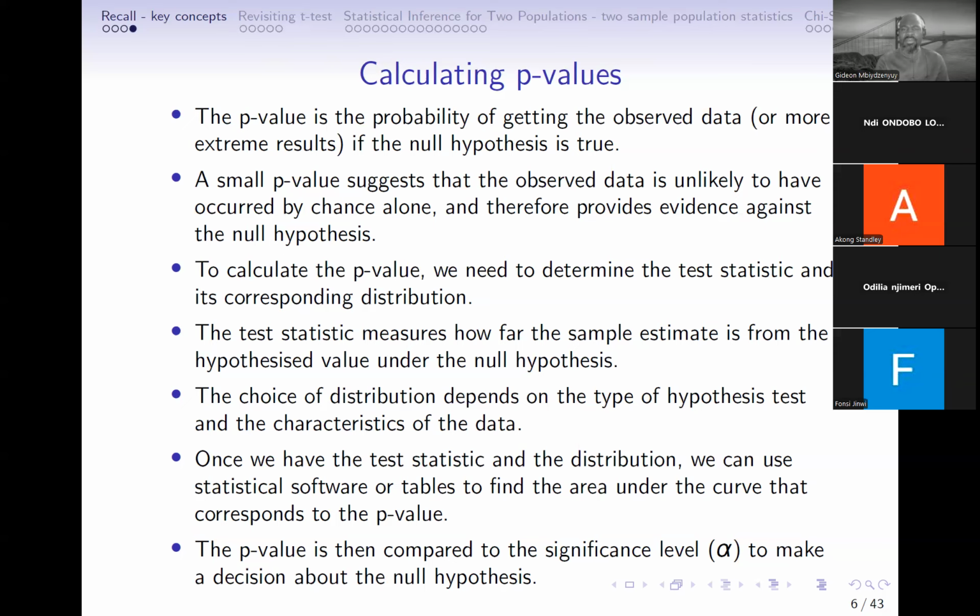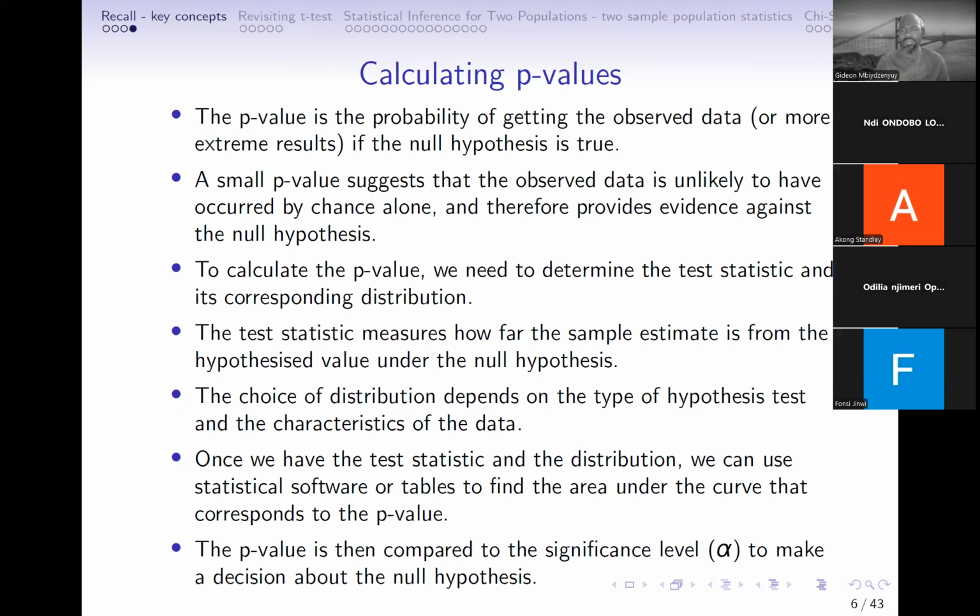In either case, when you have your p-value, you would use it to compare with your alpha, with your significance level, in order to come up with a statement of the likelihood that the statistic you're looking at for the sample is closer or far away from the corresponding value in the population.